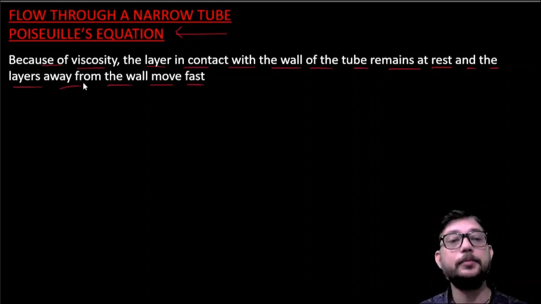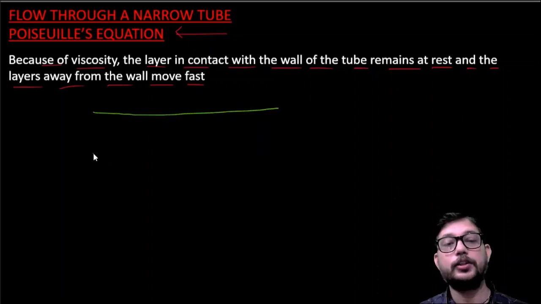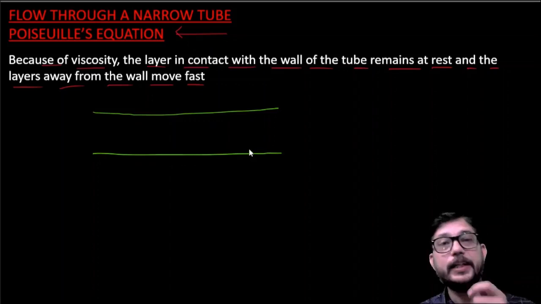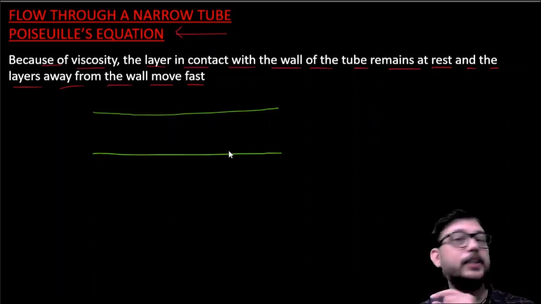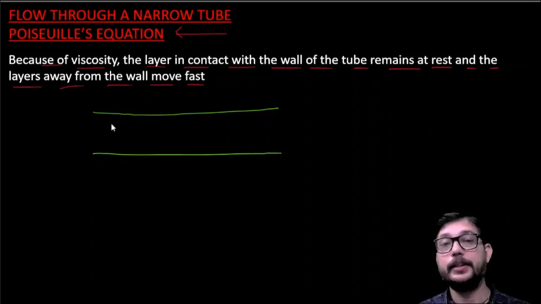What does it mean? Let's suppose that we have a tube, or we can say a water tube, in which water, or we can say fluid, is flowing. Now this is a layer, and this way, this is another layer.